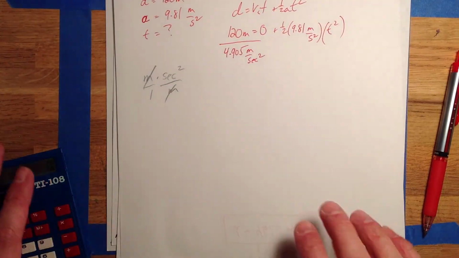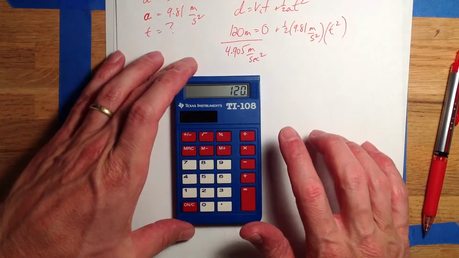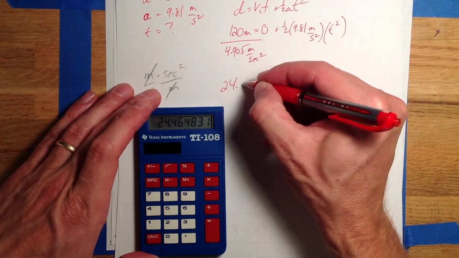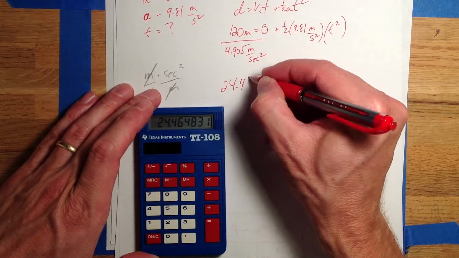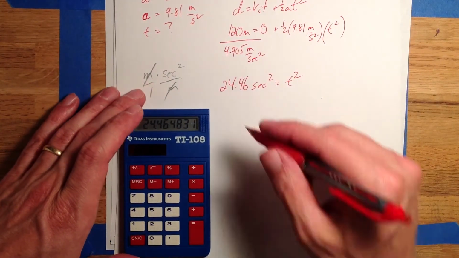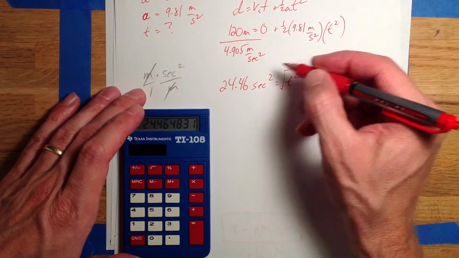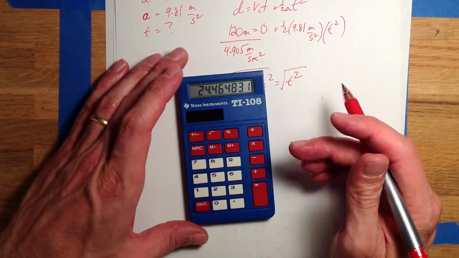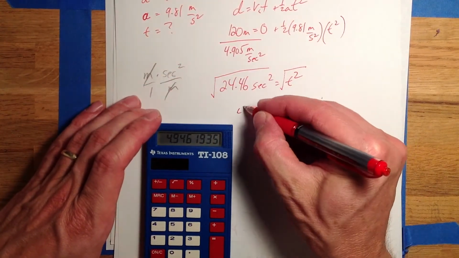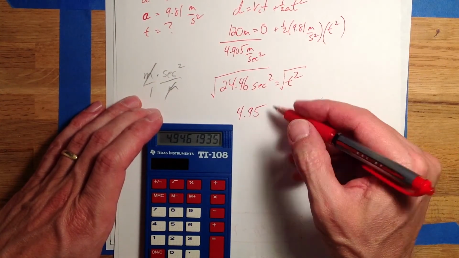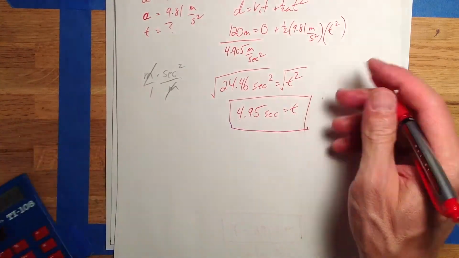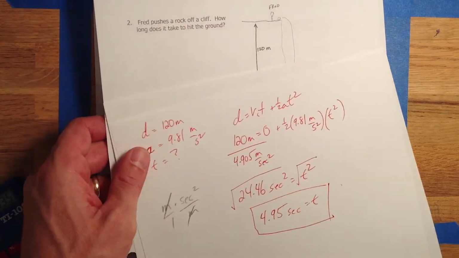So my answer is going to be in seconds squared. 120 divided by 4.905 equals 24.46 seconds squared equals t squared. So I want to get t by itself, so I have to do the square root of both sides. The square root of that is going to be 4.9, so I'll write maybe 4.95, and the seconds squared will just become seconds, and that equals t. 4.95 seconds is the answer for the second one.